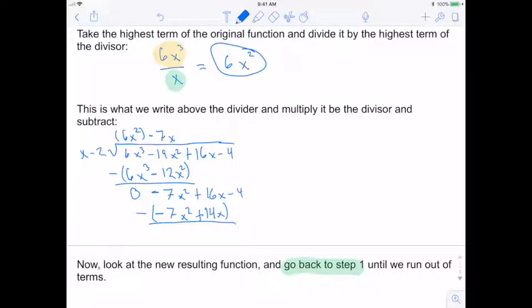And we'll get a 0 here. 16x minus 14x is plus 2x minus 4. And again, same thing. 2x divided by x is 2, so plus 2. And now we do 2x minus 4: 2 times x is 2x, 2 times negative 2 is minus 4. So we have a 0, and now we've run out of terms.